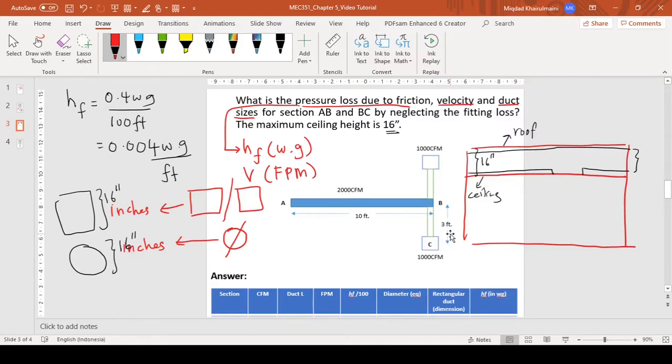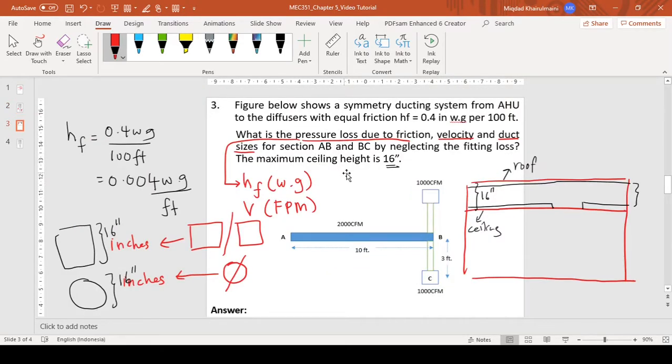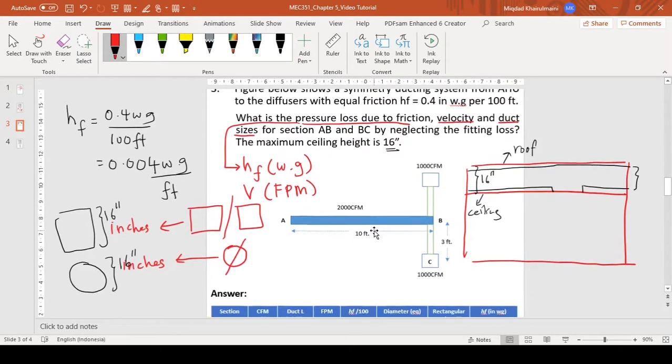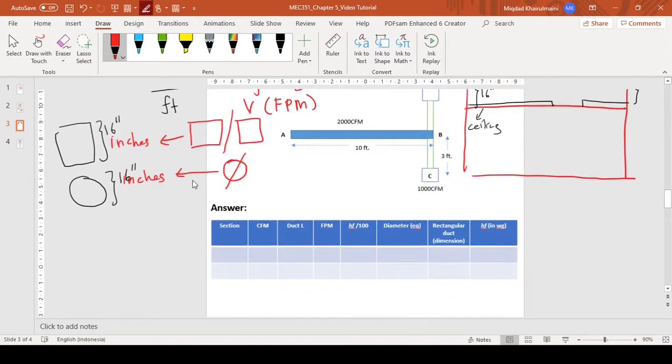To solve this question, we have to draw the equal friction method table, because the method we are using to find the ducting size is called the equal friction method.